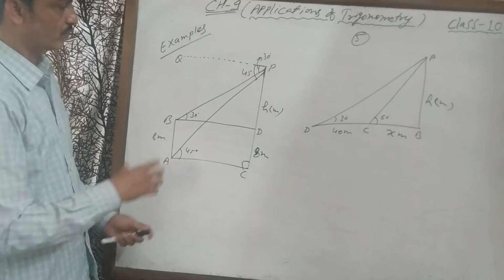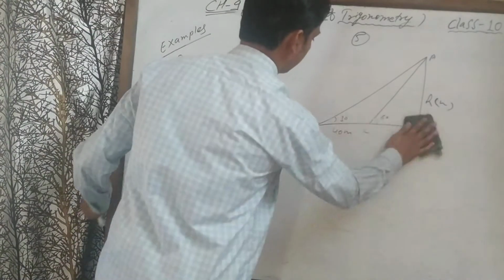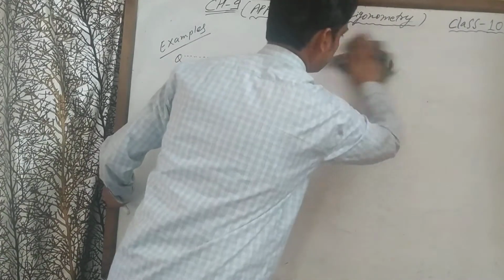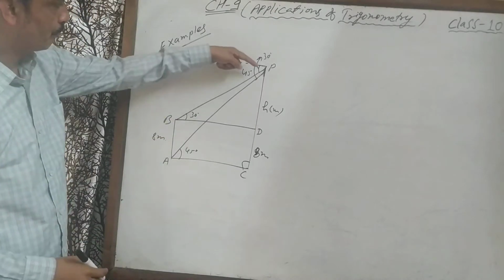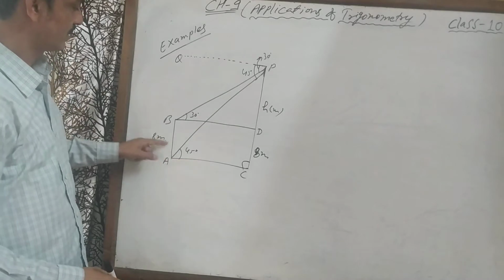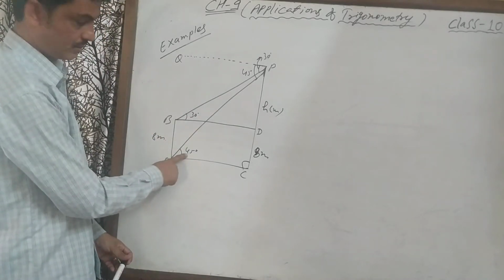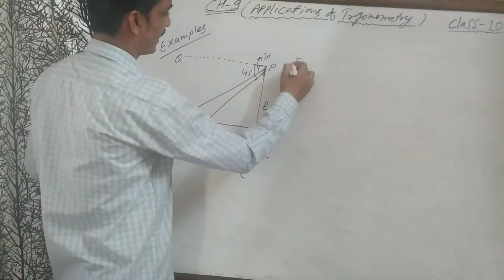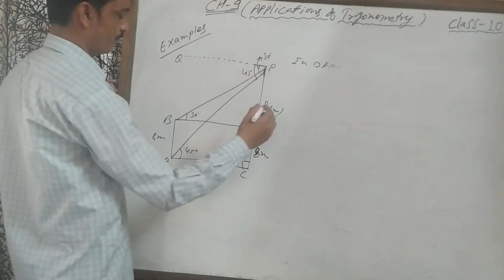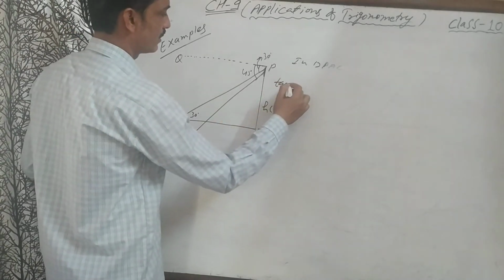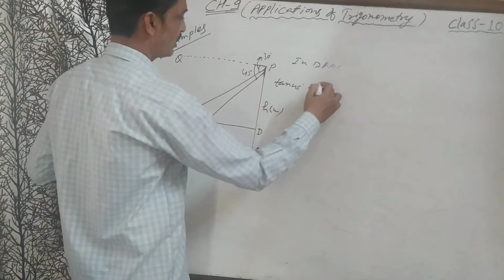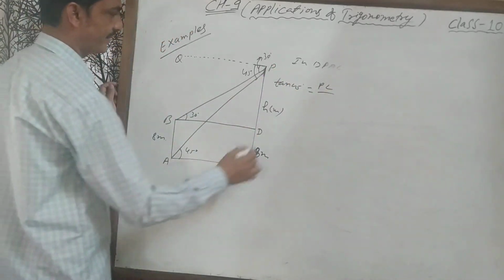Now if you calculate in triangle PAC, because this one is 45 degree. In triangle PAC, tan 45 degree is equal to opposite upon adjacent, PC upon AC.